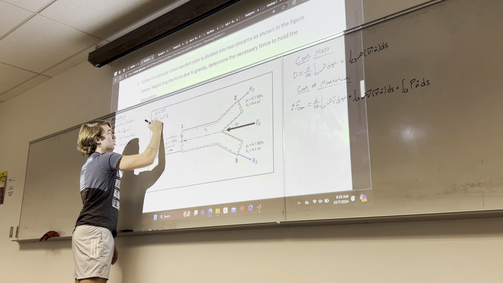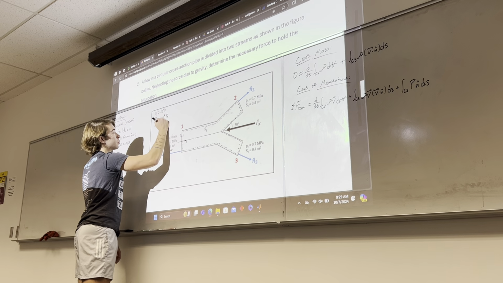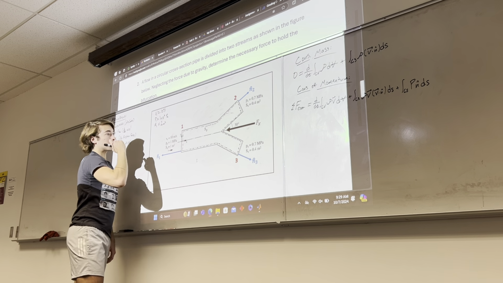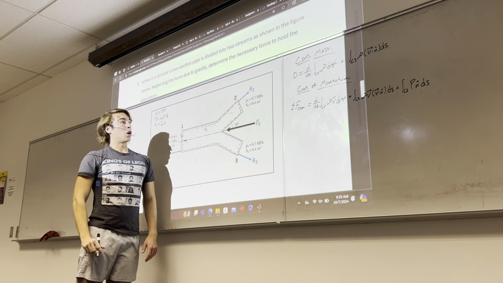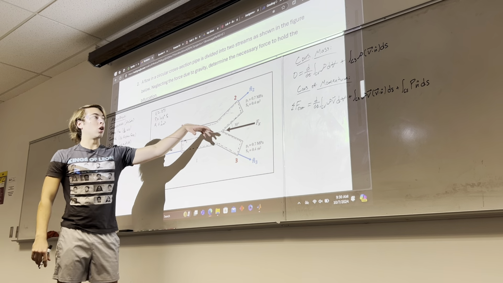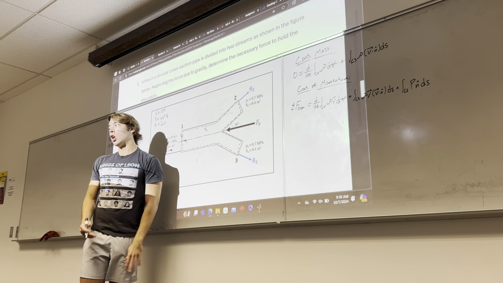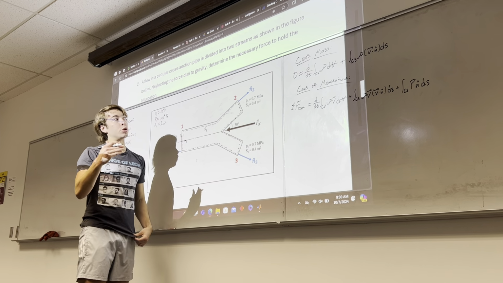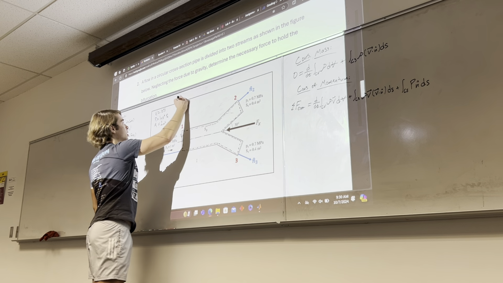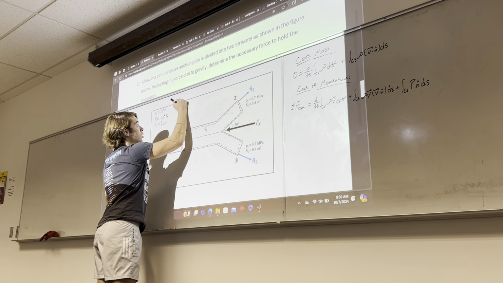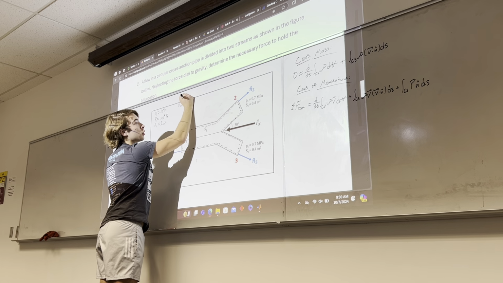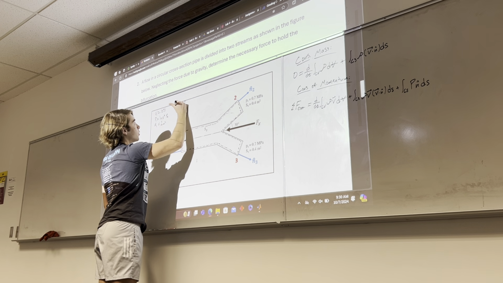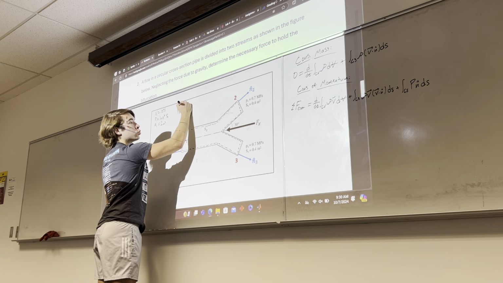And A1 equals 1 square meter. And then since they're both exactly the same, I'll call them A23, P23, V23. Same thing. Equals, oh, we don't know those, yeah. No, find that. Equals.